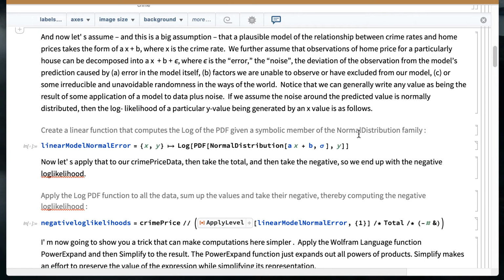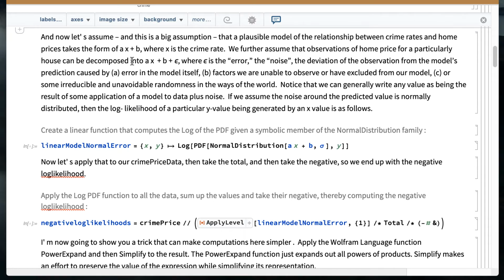Now, what I want you to assume, and in some sense this is where a lot of the dirty laundry is hidden, is that you can plausibly model the relationship between crime and price as a linear function, ax plus b, where x is the crime rate.